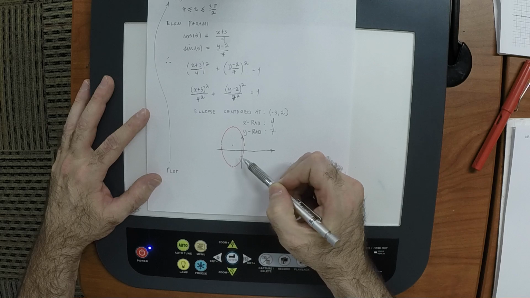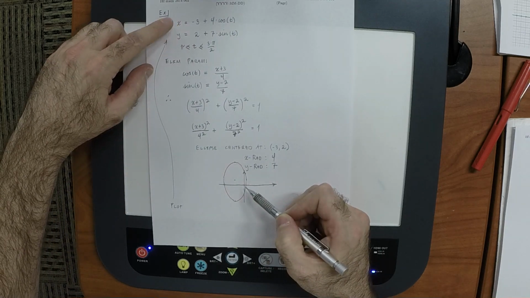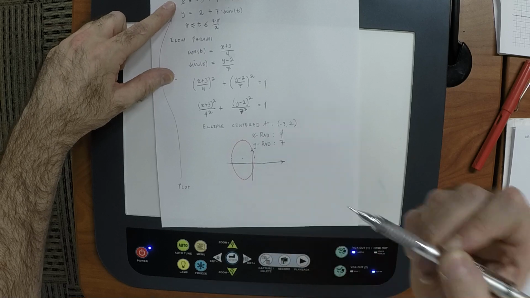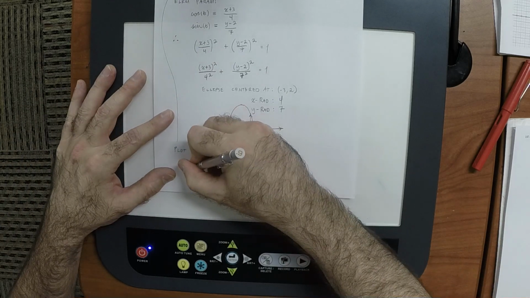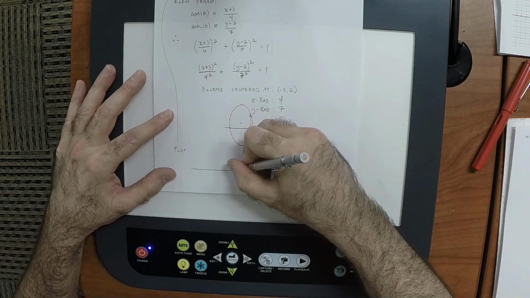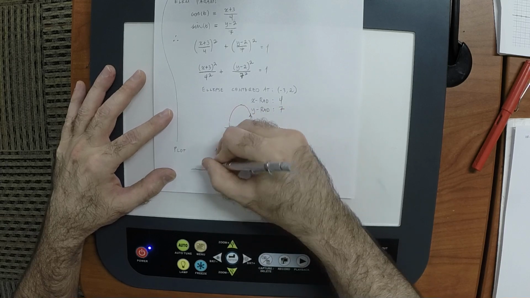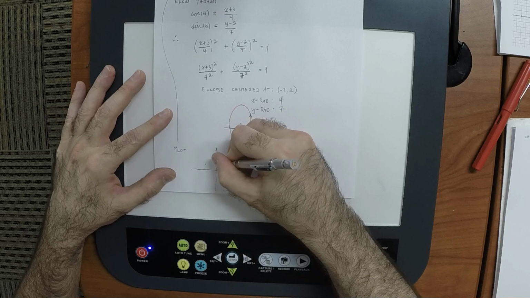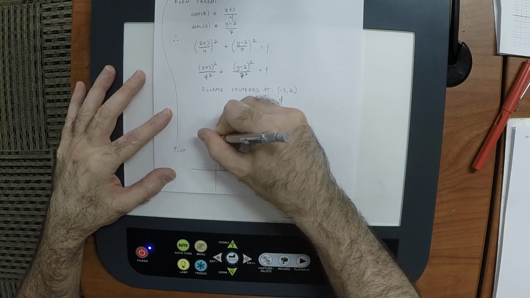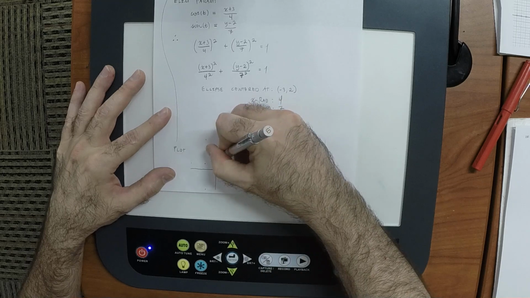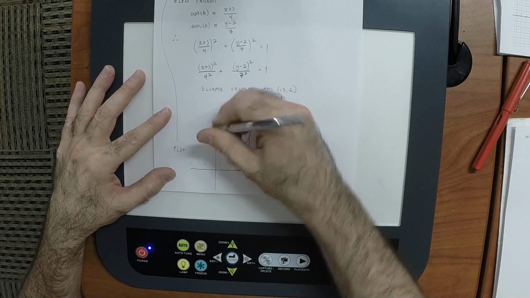All the points that you plot for the parametric equations must fall on the ellipse. And when you do plot that, you will observe the following. If this point is there, and there, and there, then the underlying ellipse looks like this.